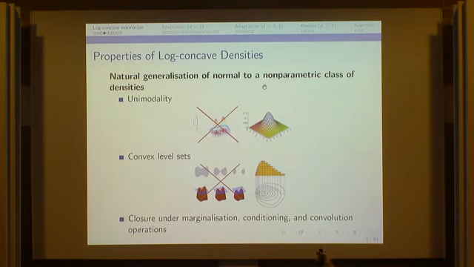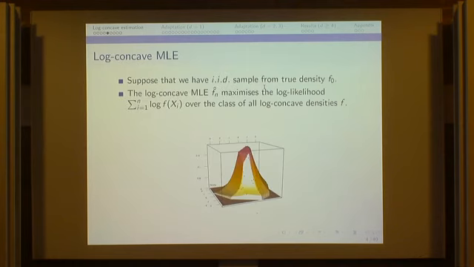So these properties are very similar to the properties of the normal density. We can think of the class of log-concave densities as a natural generalization of the normal to a non-parametric class of densities. So this class is non-parametric, definitely, but with these good properties. Generally speaking, a non-parametric class doesn't guarantee the existence of the maximum likelihood estimator, but in this case, we can show that there exists a unique maximum likelihood estimator.